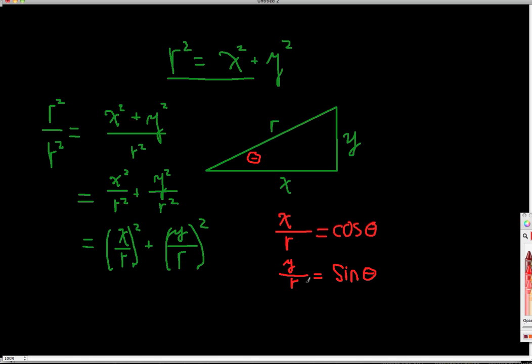So this is equal to cosine theta squared plus sine theta squared.